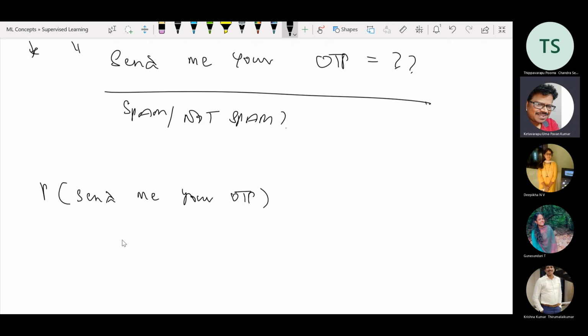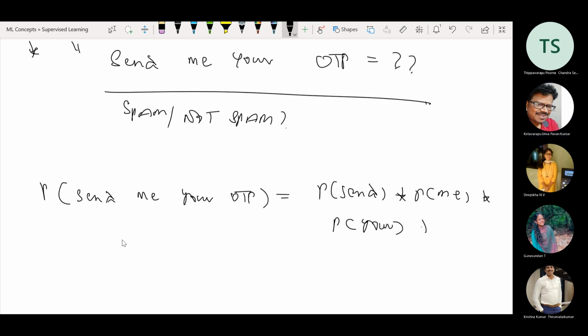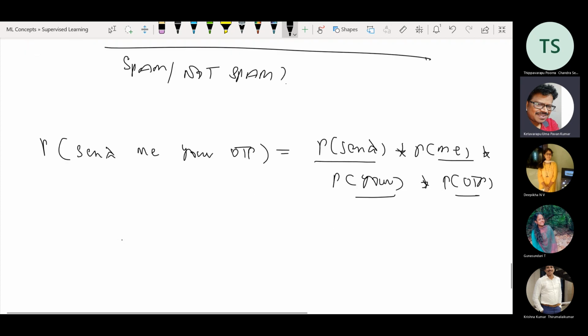Here, probability of send into probability of me into probability of your into probability of OTP, individual words. So we are computing the probability of each and every word, and then we verify whether that thing is available or not.